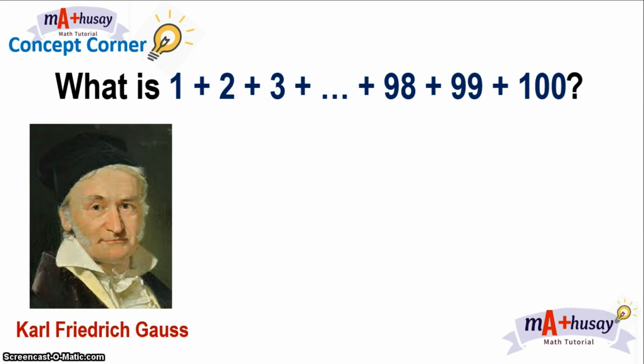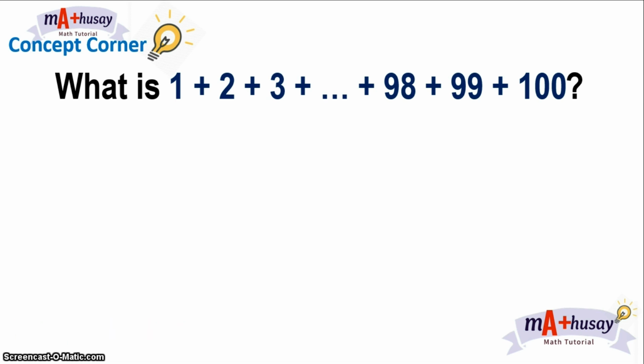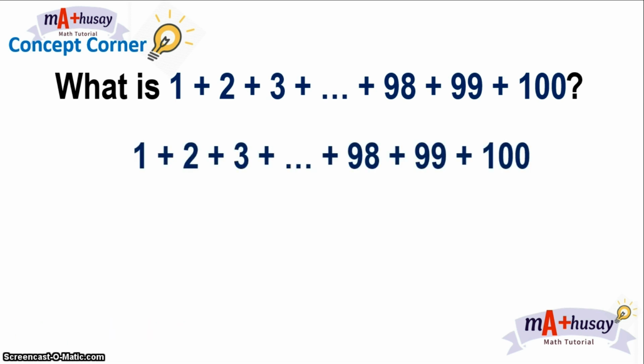Let's find out. Let's take 1 plus 2 plus 3 plus 4 up to 100. If you add the terms from 1 to 100 from left to right, it can be exhausting. So let's unfold the secret of Carl.